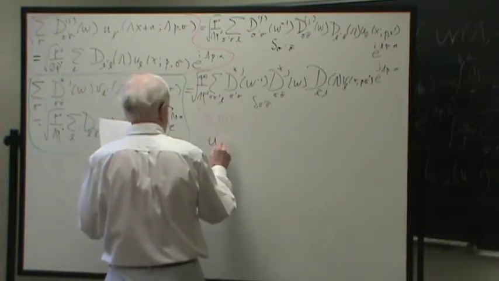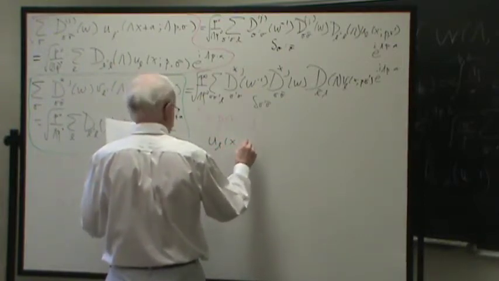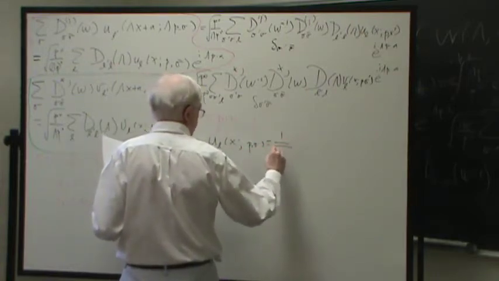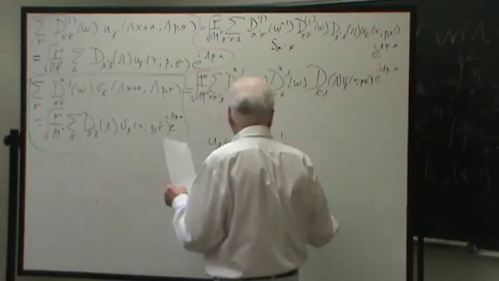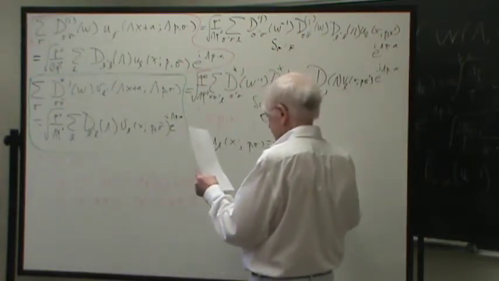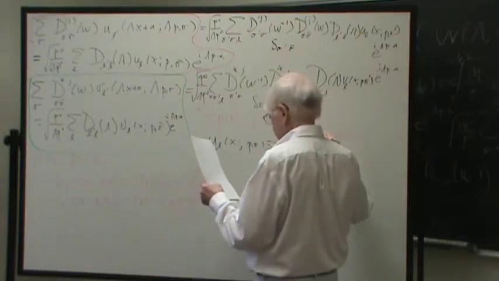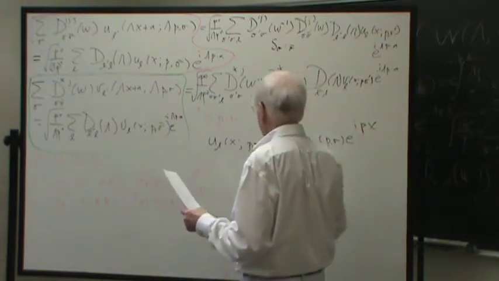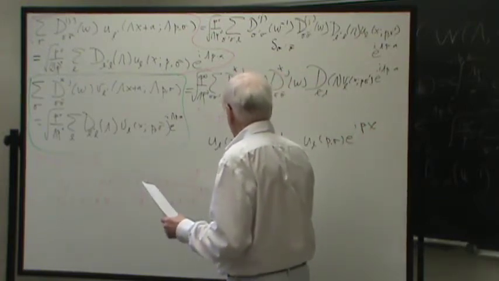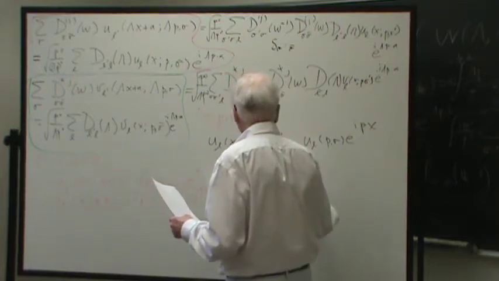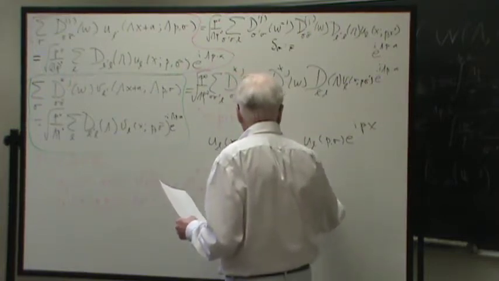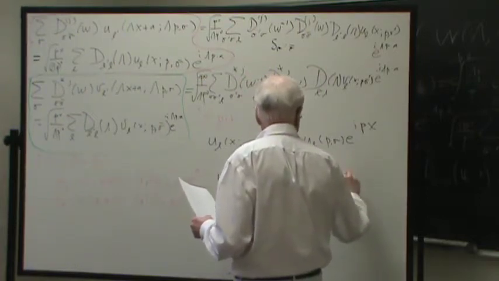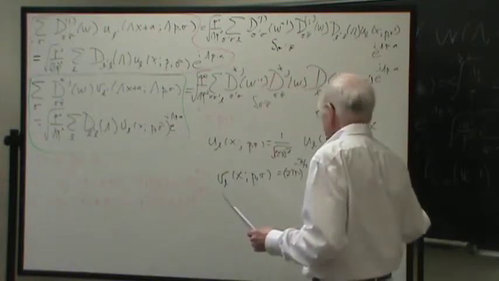The x dependence is very simple. 1 over square root of 2 pi cubed U_L of p and sigma e to the i p dot x, and V_L of x, p and sigma is, to write it differently, 2 pi to the minus 3 halves V_L of p and sigma e to the minus i p dot x.